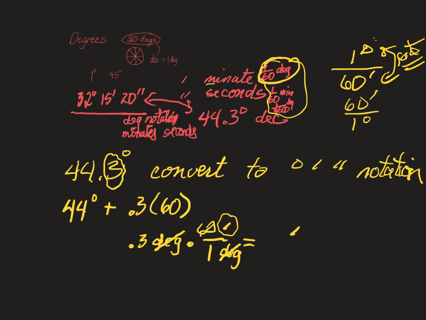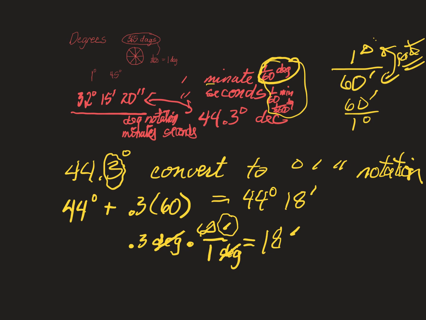So we're basically taking 3/10 of 60. When we multiply that out, 0.3 times 60 is equal to 18 minutes. So this is equal to 44 degrees plus 18 minutes, or 44 degrees, 18 minutes.